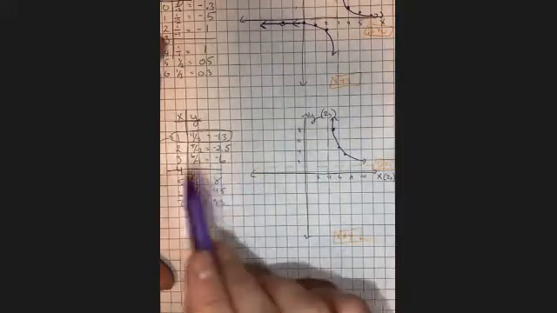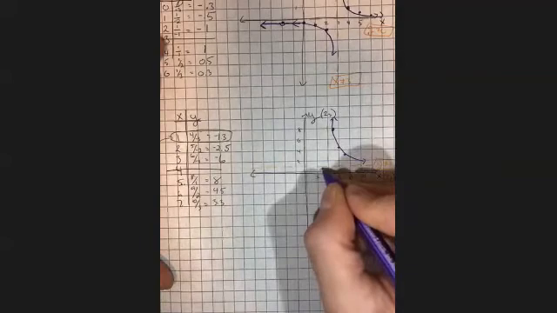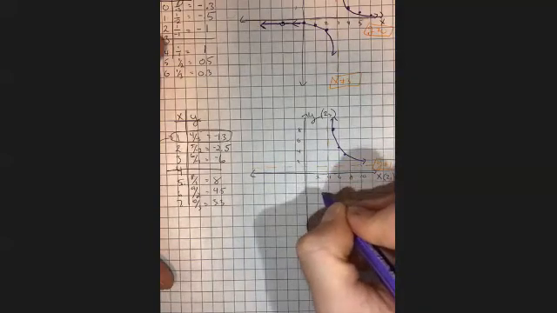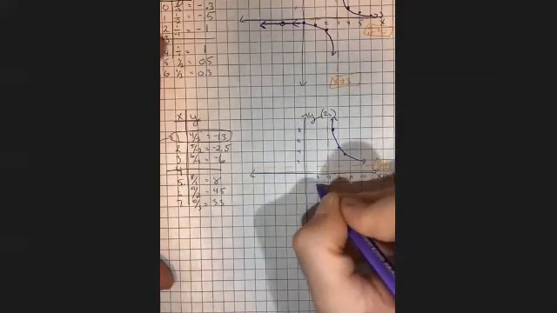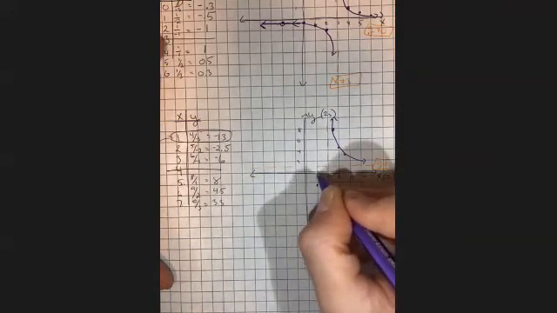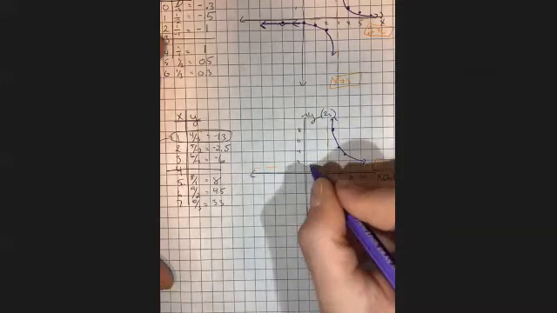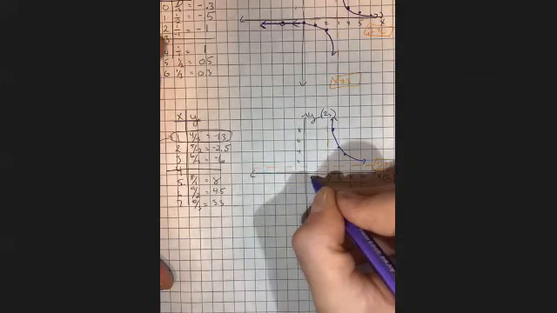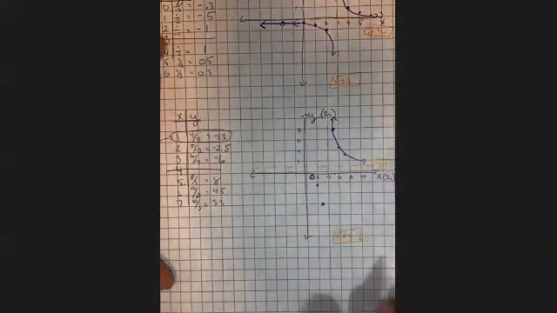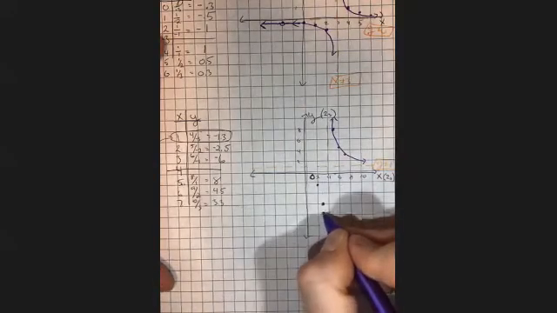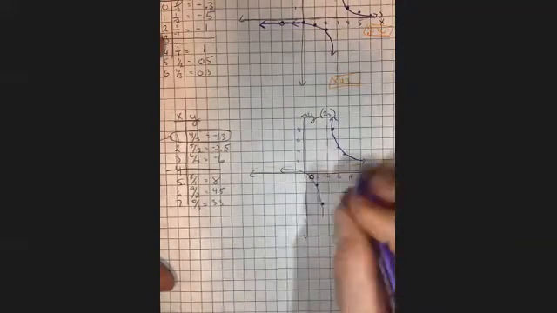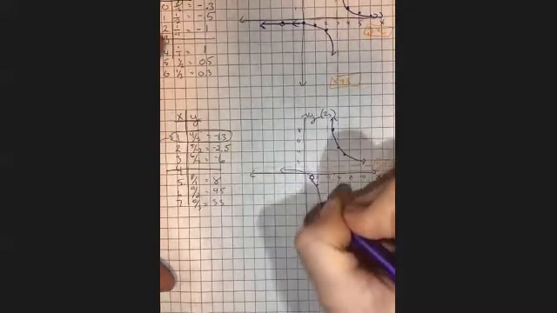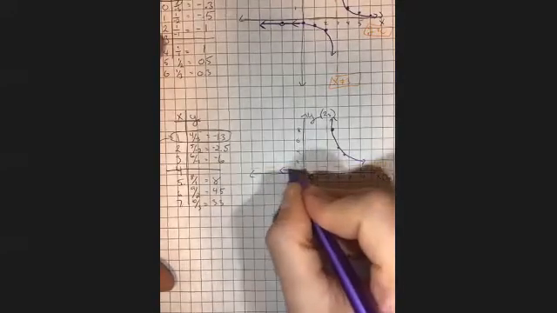And on the other side, when I go to the left, I am going to have a 3, negative 2, negative 4, negative 6, 2, negative 2.5 roughly, and then a 1, negative 1.3. But remember, this is our hole, so I'm not going to include it as a point. I'm going to draw it as an open circle, because we know that the shape is going to remain unaffected. The graph doesn't actually include that point, it skips over it.